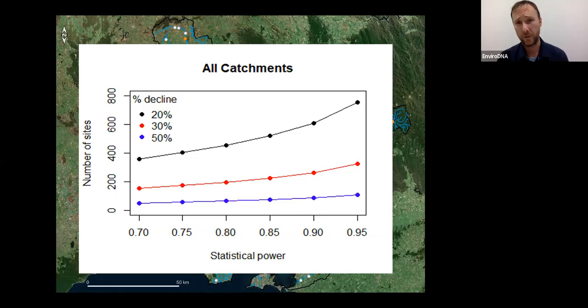And Melbourne Water have now taken this on board for not just platypus, but for a variety of species, and have implemented a very intensive eDNA program across these catchments based on the scientific rigor that we've put behind that. So they're very confident that their investment is going to produce a usable outcome for them.